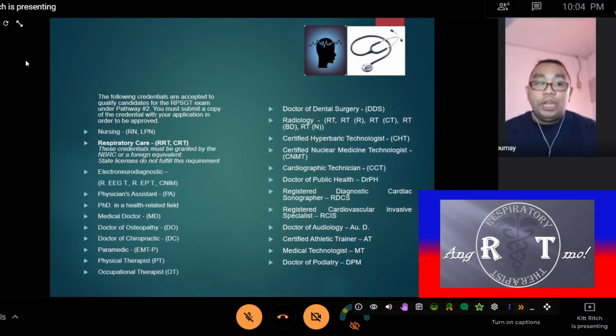If you have training or experience in electroneurodiagnostics, such as a registered EEG technologist or a registered electrophysiologist.